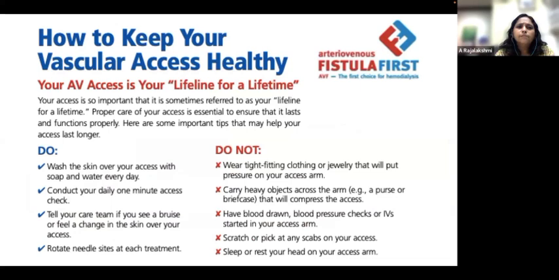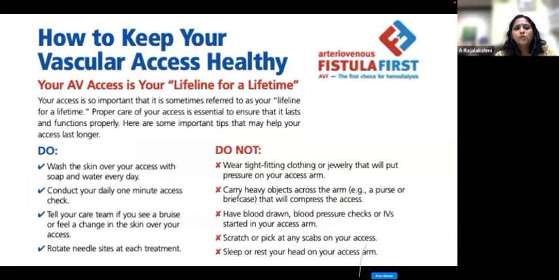Again, this is the thing that can be shared with the patient when you educate the patient on the do's and don'ts. Again, you will all be having this. If there is anything missing that you want to add, you can add looking at this. Wash the skin over the access with soap and water every day if it is a fistula. Conduct your daily routine 1-minute access check, whether it is clean, whether there are signs of infection or redness or pain.